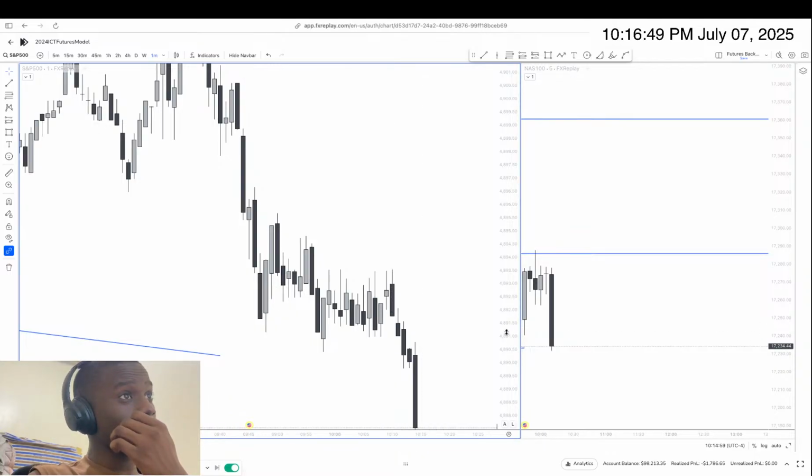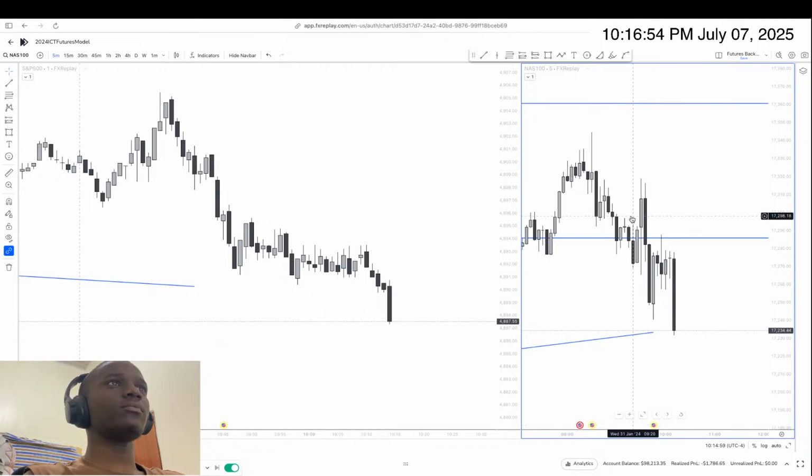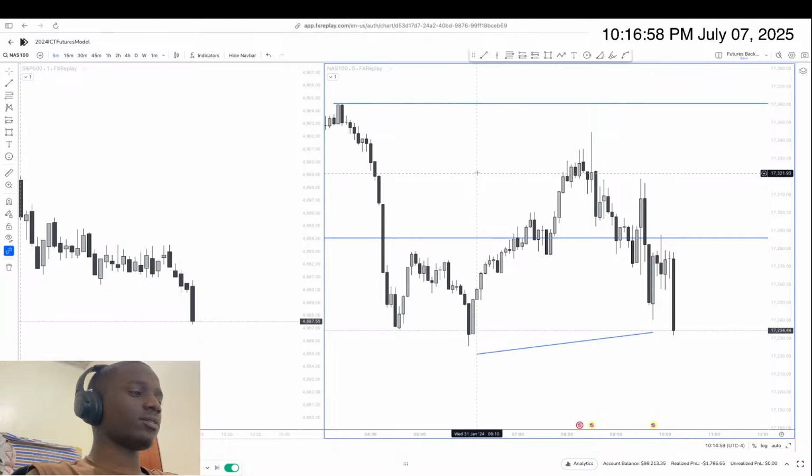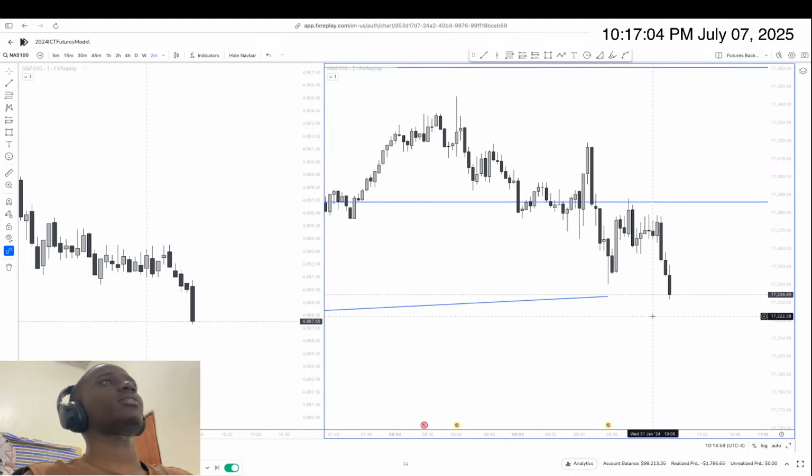So at 10:10 we get this nice drop. We don't have a clear sweep, but we have the direction where the market wants to go.